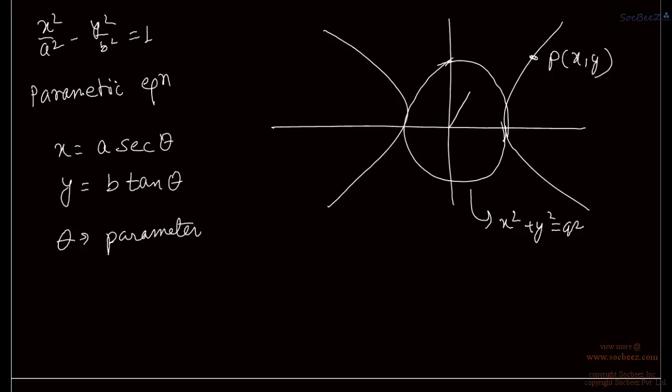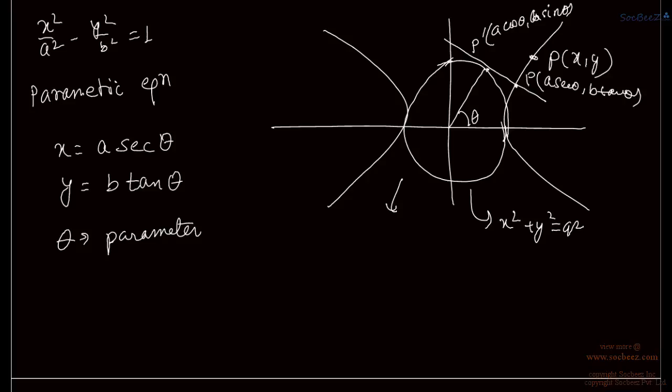If we take any point, say P dash, this point can be written as (a cos theta, a sin theta). If we draw a tangent at this point, wherever it intersects the hyperbola, we get point P with a sec theta, and substituting this a sec theta in the equation, we get b tan theta.